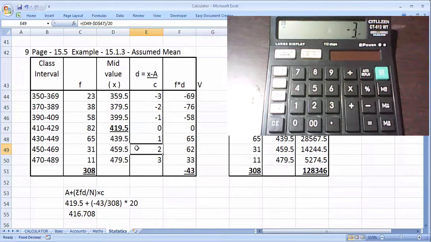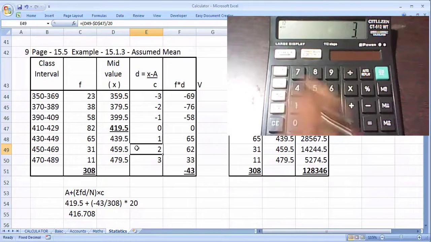But we require F into D, right? Minus 3 into F. What is the F value? 23. Now what is the answer? Whatever you get, keep in memory. So minus 69. Come again, we'll see, don't worry. First, take the X value. What is the X value? Midpoint of class interval.